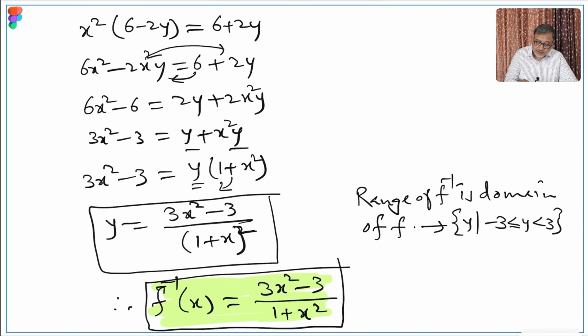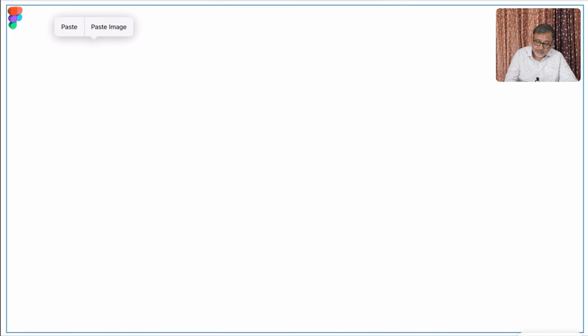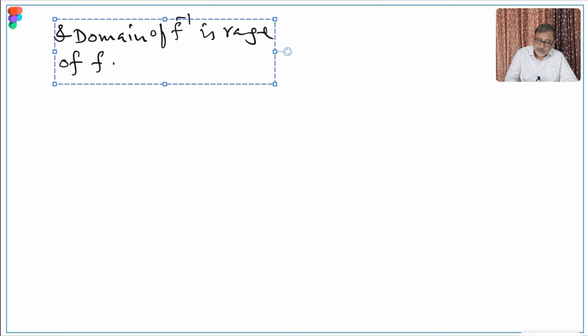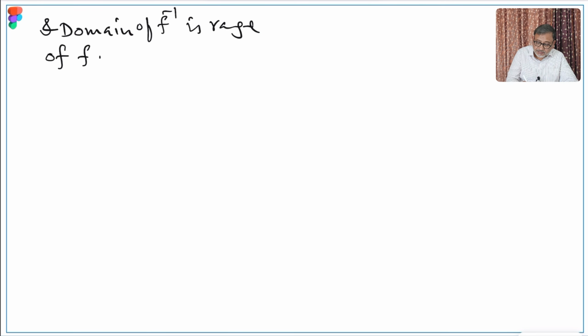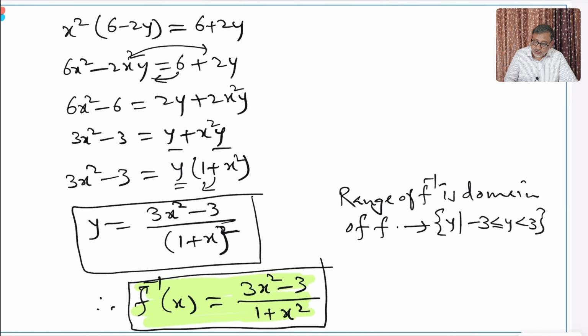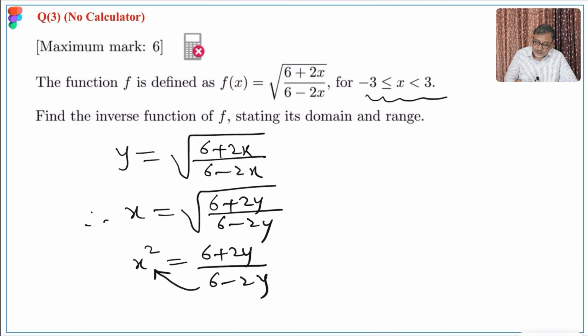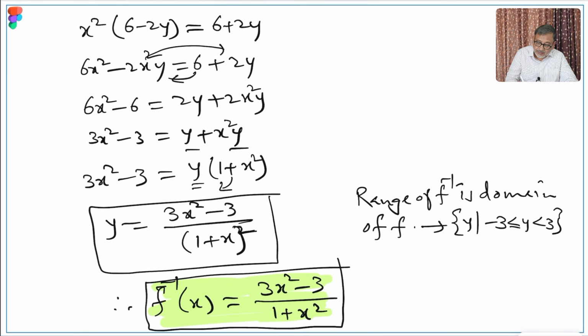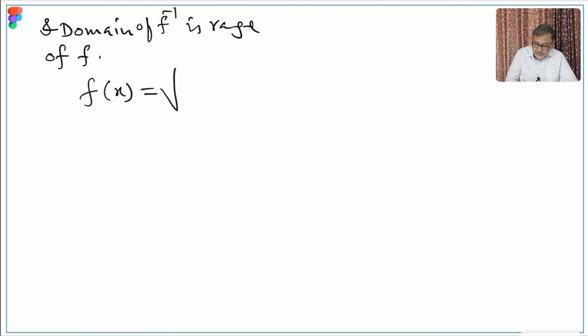I'll put this here, right? Now look here, let me find the range of f so that I can find domain of f inverse. So f was square root of 6 plus 2x divided by 6 minus 2x, right?